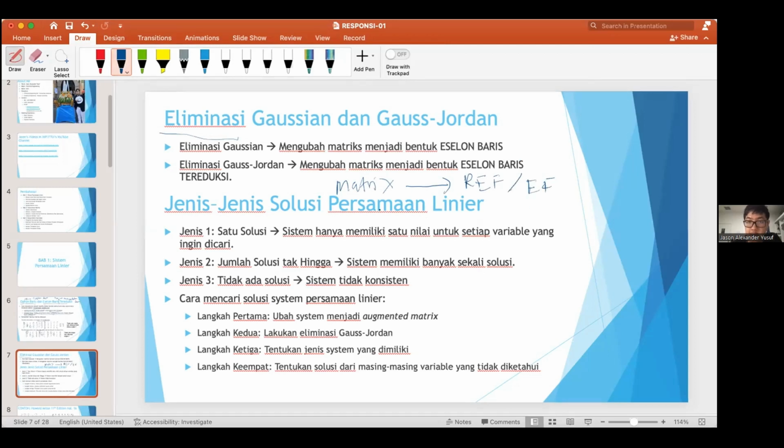There are two methods to use, which is the Gaussian elimination and the Gauss-Jordan elimination. So basically, Gaussian is for matrix to echelon form, and Gauss-Jordan is for matrix to reduced row echelon form.